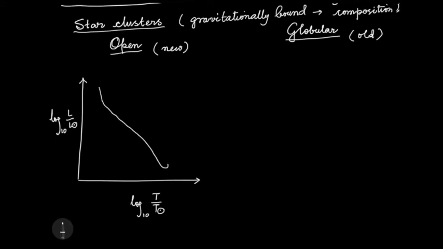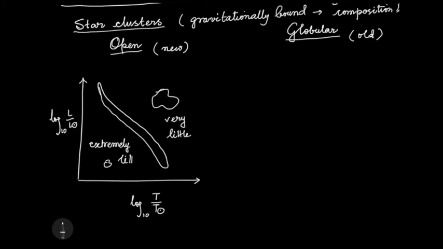So here you see the main sequence mostly, and very little giants and extremely little dwarfs. So there is almost no giant and hardly there is any dwarf. Okay.